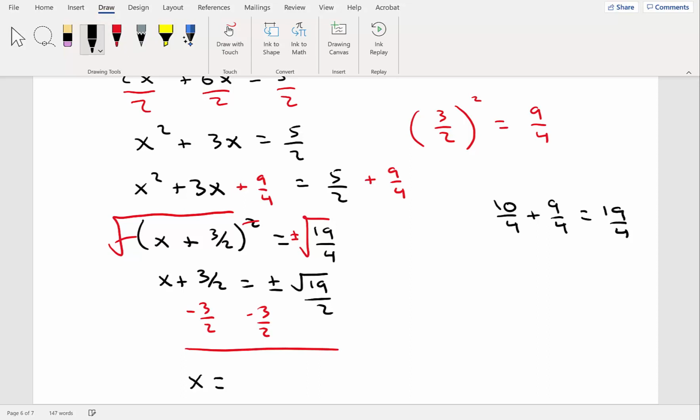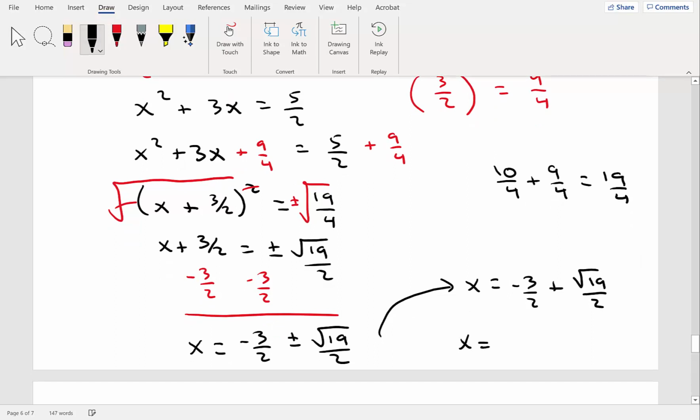I get x is equal to negative 3/2 plus or minus the square root of 19/2. So this gives me two solutions. I get x is equal to negative 3/2 plus the square root of 19/2, and x is equal to negative 3/2 minus the square root of 19/2.